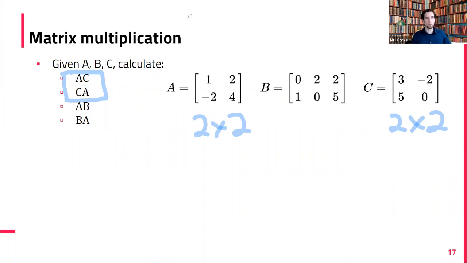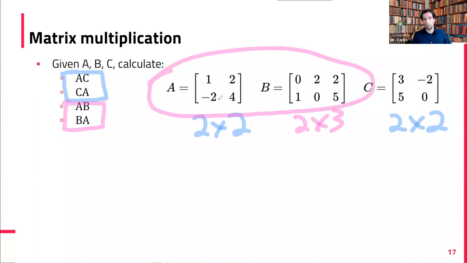So that was our first thing. We also did A times B, and we noticed B here is a 2 by 3 matrix. A and B are different dimensions. So what happened with our operation? The result was a 2 by 3 matrix.